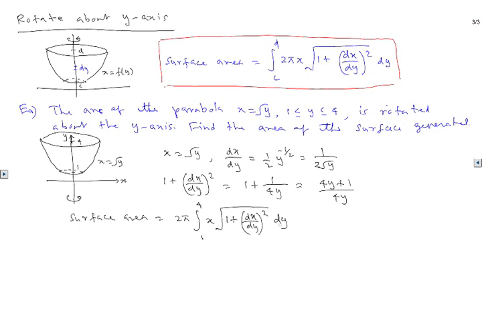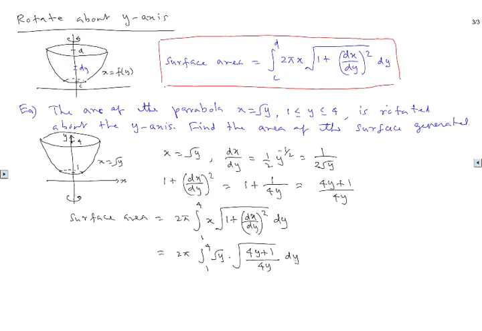Okay, so let's plug in. So the 2 pi, the integral from 1 to 4, x is square root y, and then here we have the square root of 4y plus 1 over 4y, dy.